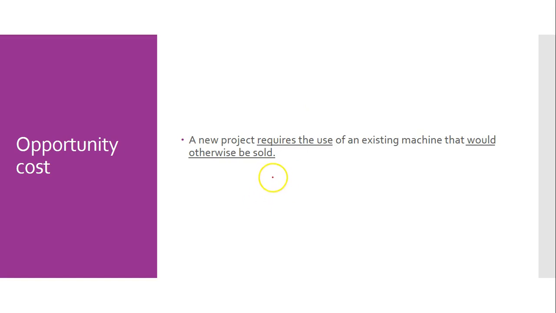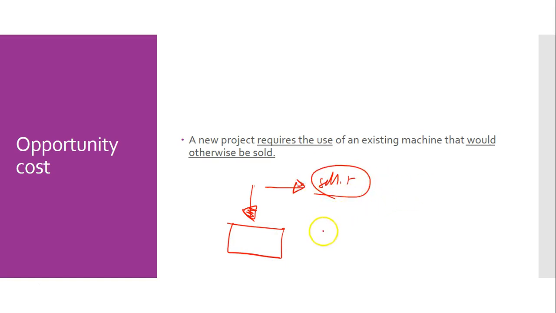The irony here is, even if you didn't have a new project, if you just had a machine doing something, the next best thing that could have been done with that machine would have been to sell it. The reason we use a machine to do something is because it's bringing more in than us potentially selling it. Otherwise we would sell it.